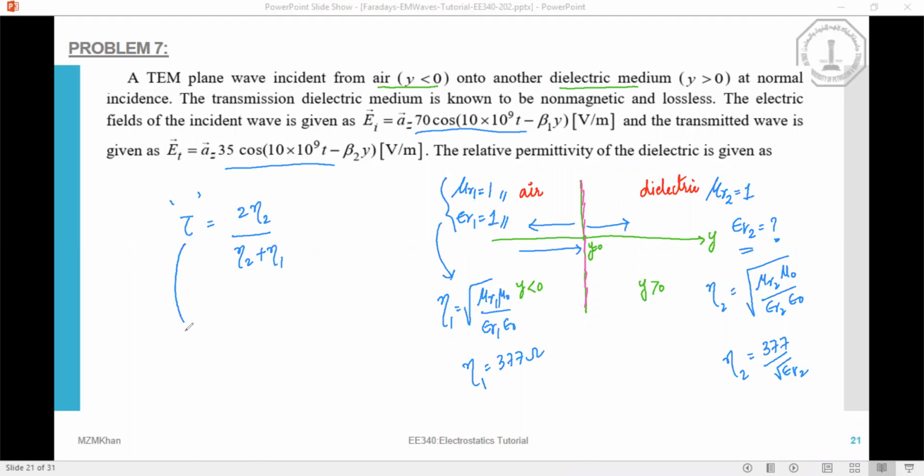And then if you substitute here, you will get tau, which is nothing but the transmitted electric field amplitude over the incident electric field amplitude. Now, if I compare this, my incident electric field amplitude is 70 and my transmitted electric field amplitude is 35, so this is 35 over 70, which is equal to 0.5. That's it. You got the answer.